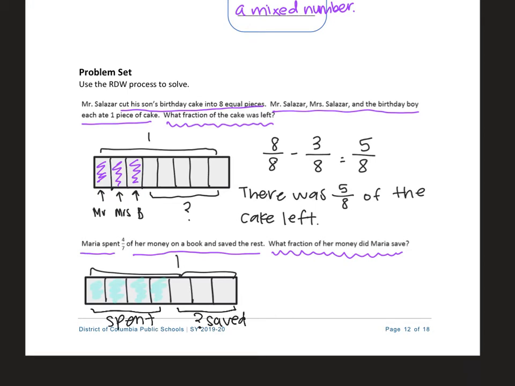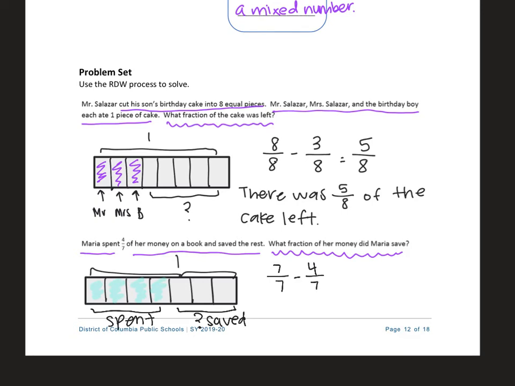Okay, so we want to think of this tape diagram as all of the money that Maria has. And since our denominator is 7, I want to think of this as one whole, all right? So 1 whole is going to be the same as 7/7, all right? And if our whole is 7/7, we know that Maria spent 4/7 of her money. So that amount is gone.